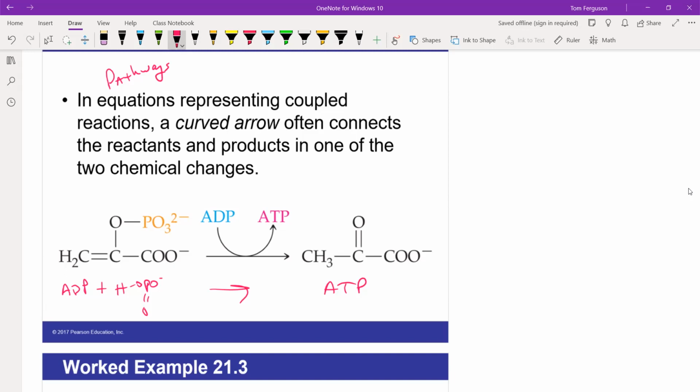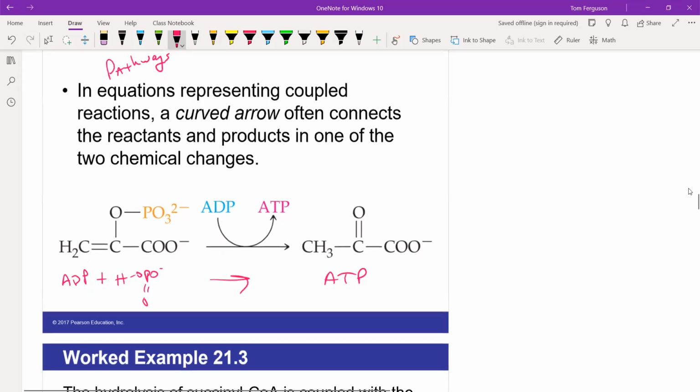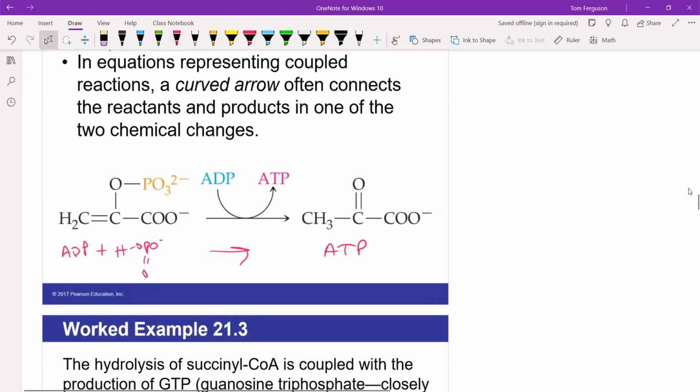If you ever pick up a textbook devoted to biochemistry, you'll see lots and lots of pathways, and a lot of them will have these little curved reactions going on. That's just a shorthand way of writing this down here.